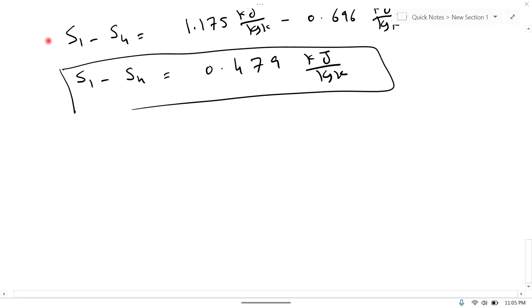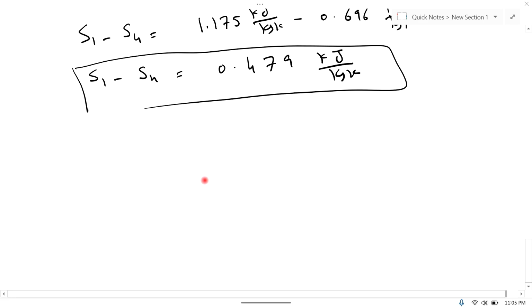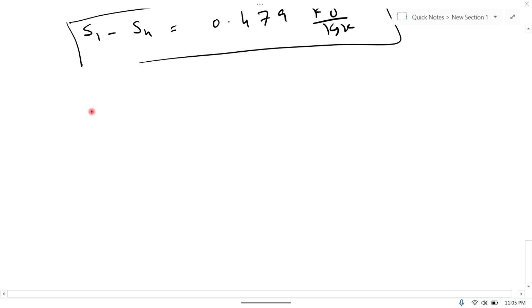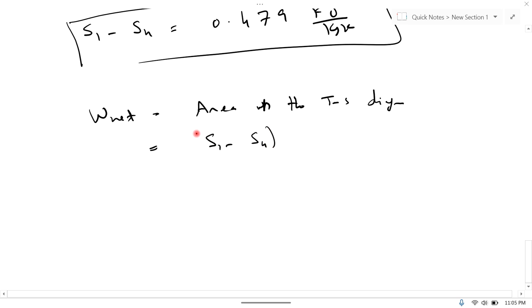Now net work is the area on the TS diagram. So net work is equal to the area on the TS diagram, which is equal to S1 minus S4 into T1 minus T2.